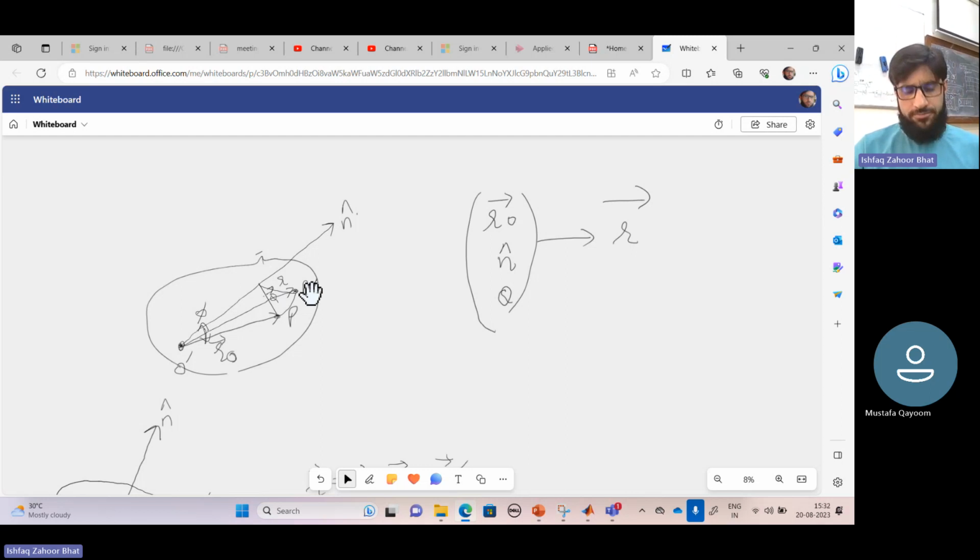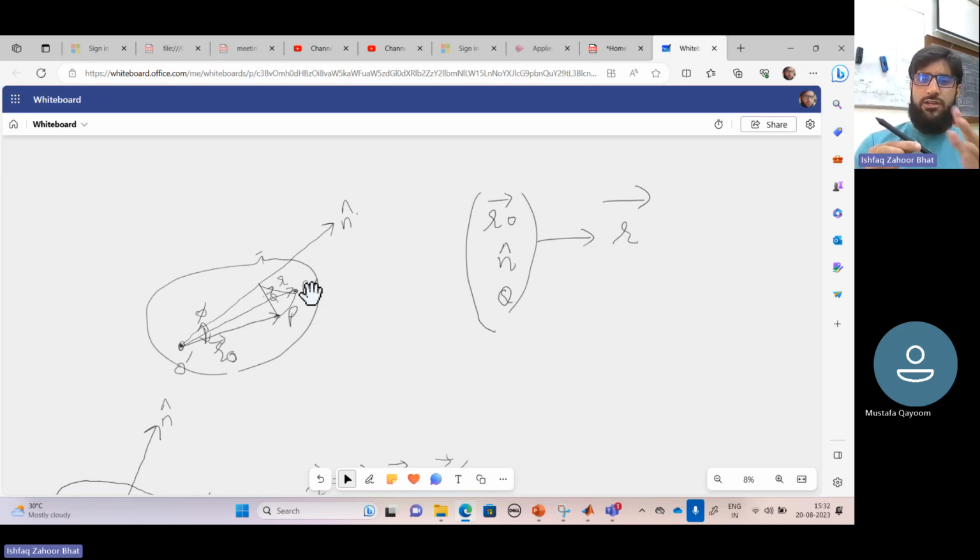Because we know, if there is a vector in space, and by vector I mean an arrow, so this is an arrow in space.